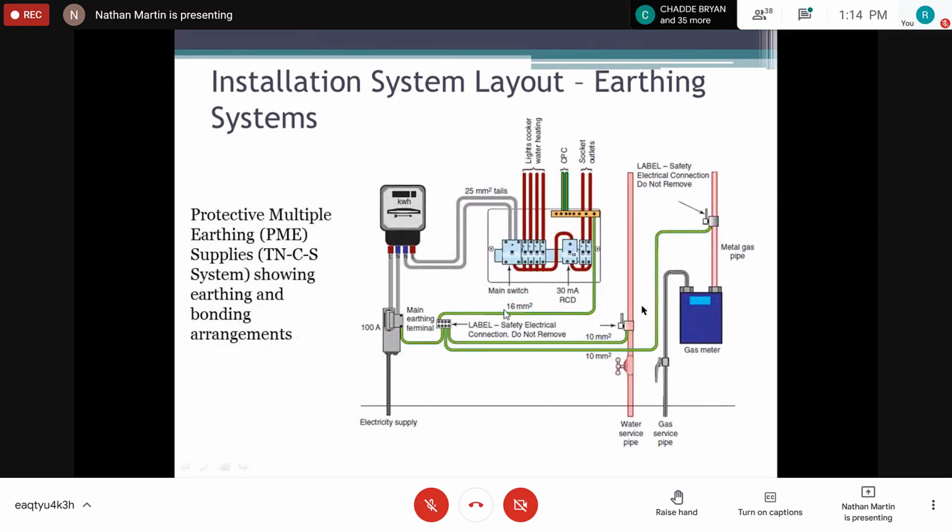So right here at the consumer main, the earth and the neutral are tied in, but no earth is provided by the supply company, right? Or by an earthing rod. All we have to do is rely on the earth neutral that is being supplied by the company itself, right? So we don't actually drive an earth rod in this system, right? And this system is really not our system. We'll soon see what our configuration is, right?